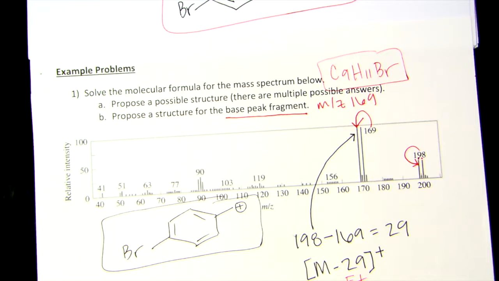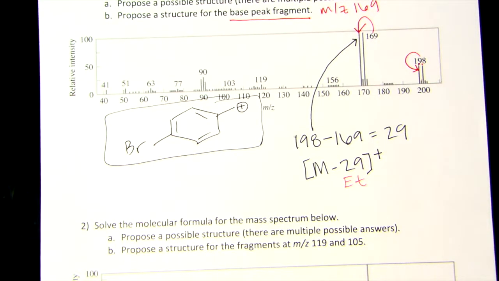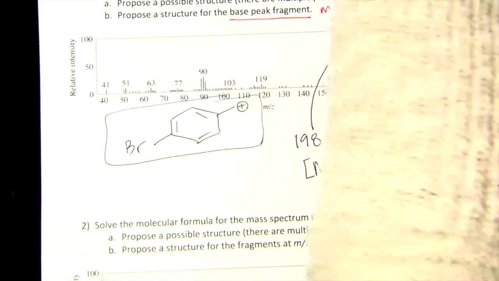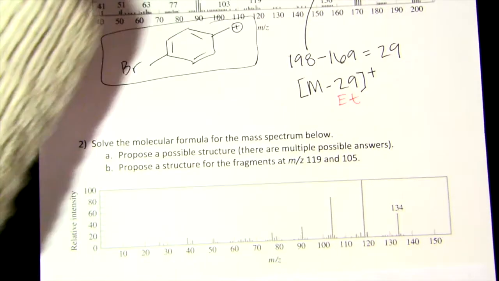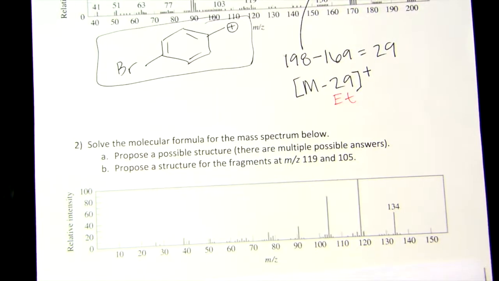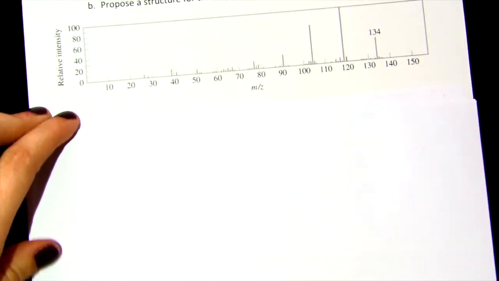Okay, so let's do another example. We'll do the one below it, just to get another example of how to solve. Okay, so this one we have to walk through the same checklist just to see what we've got.